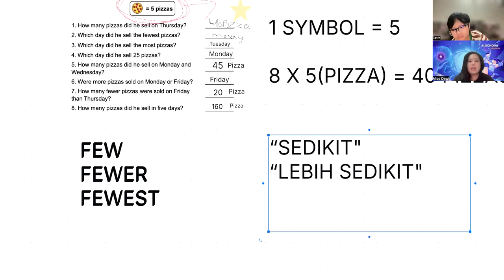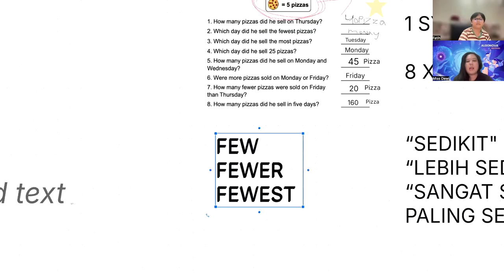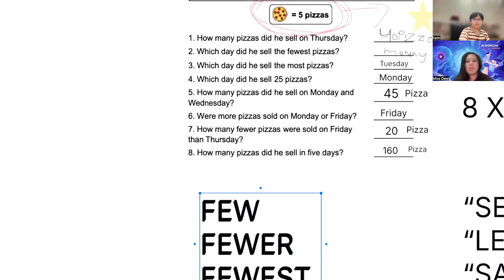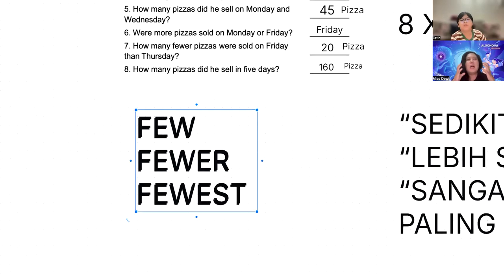But we are learning English, so we have to pay attention to these words carefully. If you see this kind of word, fewest means it is asking about the smallest number, the tiny number, or the smallest amount.